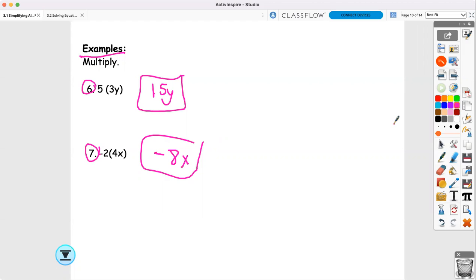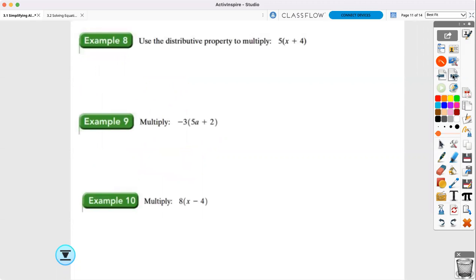Okay, we have examples 8, 9, and 10. I'll give you 1 minute to set up example 8. Now, a little tip before we get started, guys. Distribution last semester was juicy because a lot of my students could not process what distribution is.